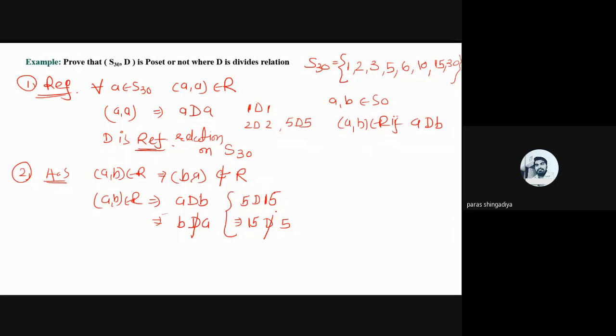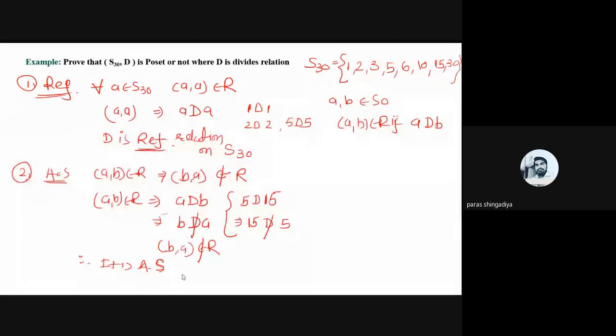Clear? तो अगर (A, B) belongs to R है तो (B, A) does not belong to R होना चाहिए. यहाँ पे प्रूव हो गया कि B divides A is not valid. Therefore (B, A) does not belong to R, and therefore R is an antisymmetric relation on S30.